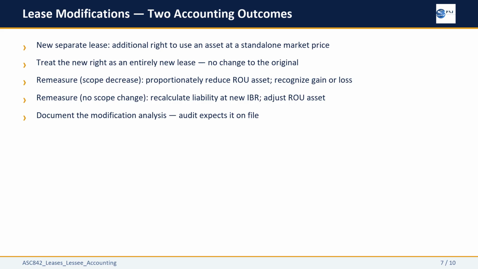If the modification reduces the scope, say, the tenant gives back 30% of the lease space early, you remeasure and recognize a gain or loss. If the modification changes the payments or extends the term without a scope change, like a rent increase for an extension, you simply remeasure the liability at a new IBR and adjust the ROU asset upward or downward. In all cases, document the analysis.